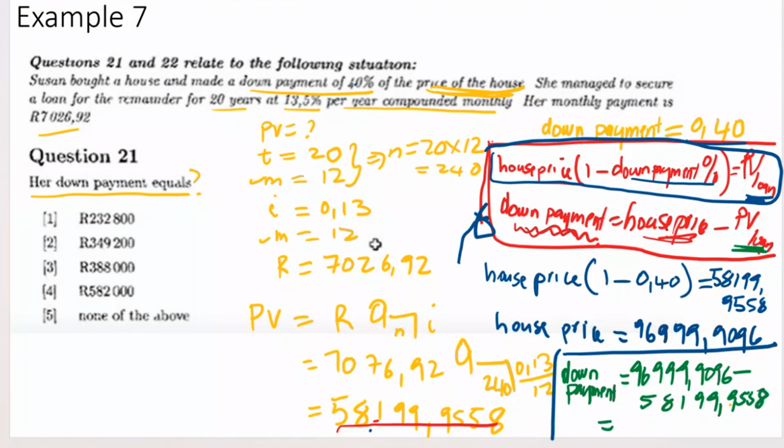Then the down payment amount is going to be equal to 388,000. So this will be the down payment.